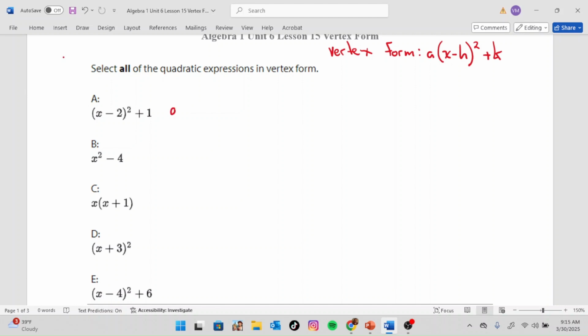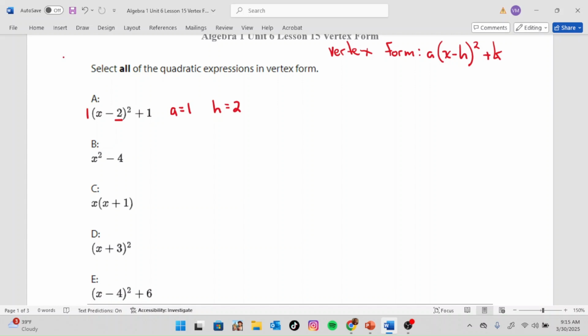In this one, a equals 1. So even if you don't see a number in front of the parentheses here, you can understand that it's 1 because 1 times anything is just itself. Then we're looking for h. Well, h equals 2. Because remember, it's x minus h.